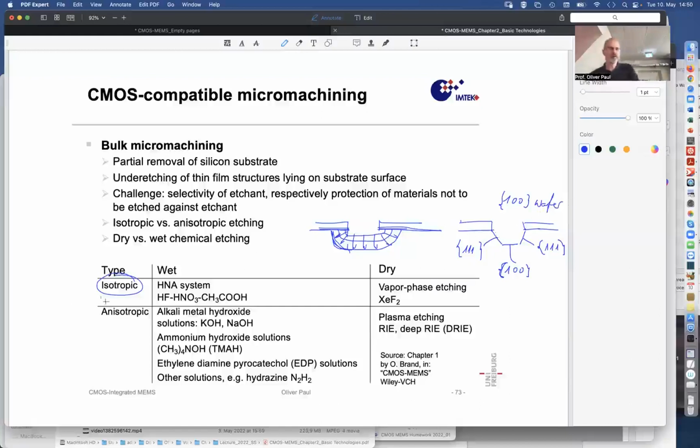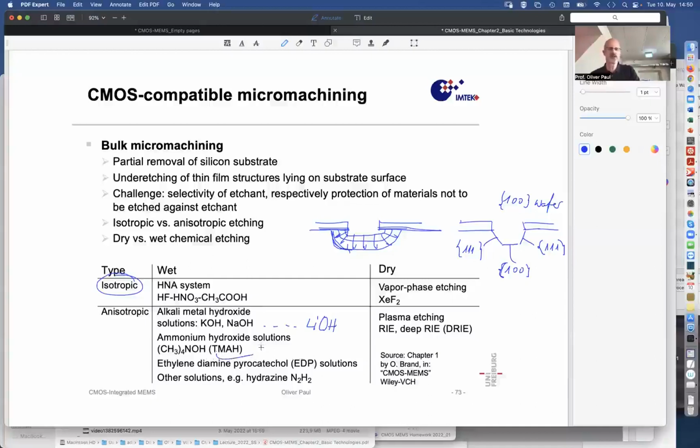And so anisotropic solutions of silicon, such wet solutions are alkali metal hydroxides: sodium hydroxide, potassium hydroxide, lithium hydroxide. They all exist. We can really go through the list. There is also ammonium hydroxide, so this has something to do with ammonia. TMAH, tetramethyl ammonium hydroxide.